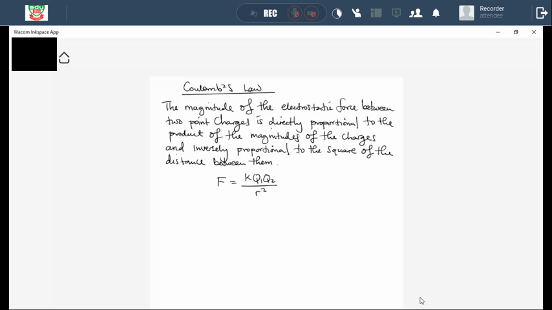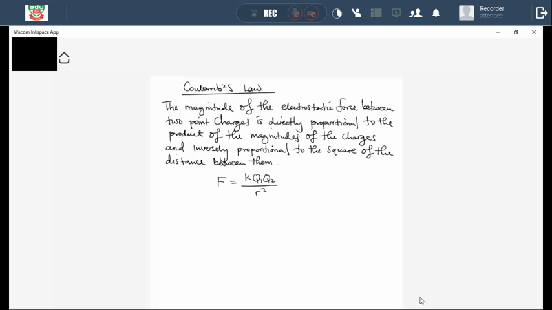Those factors are, number one, the magnitude of the charge. It's a direct relationship, which means the bigger the charge, the stronger the electrostatic force. Our charge is the independent variable, whereas the force is the dependent variable. Point number two, which affects electrostatic force, is the distance between the two charges.